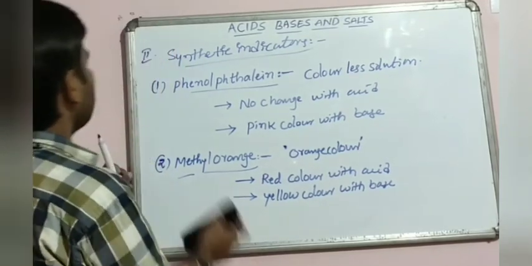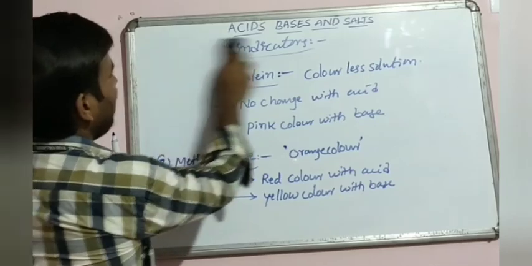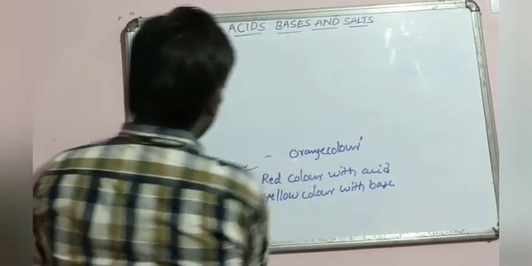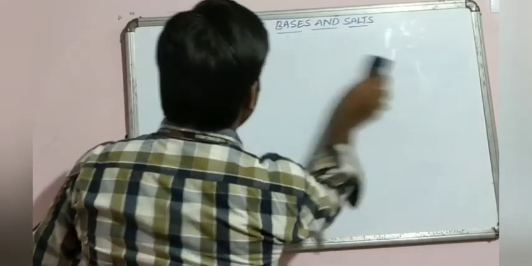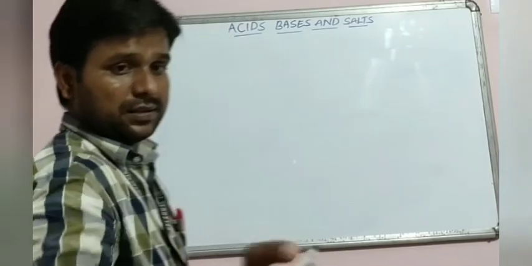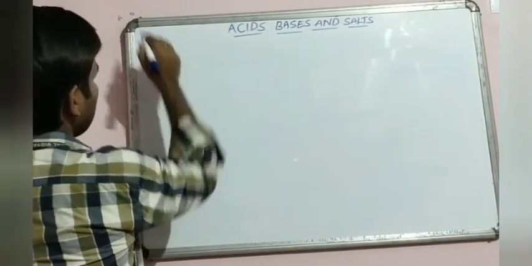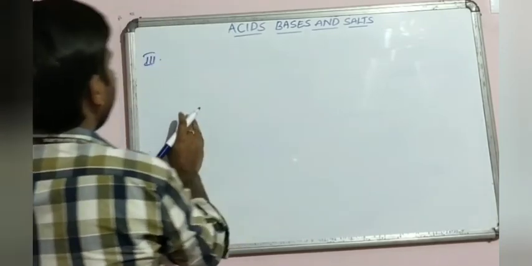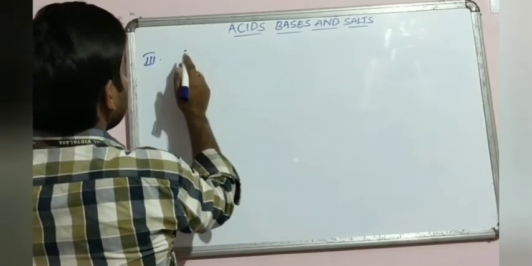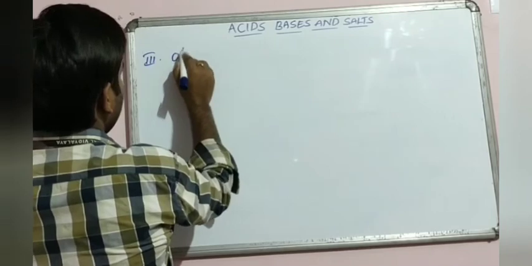One more indicator is the olfactory indicator. Olfactory indicators are substances that change their smell with acidic or basic substances.